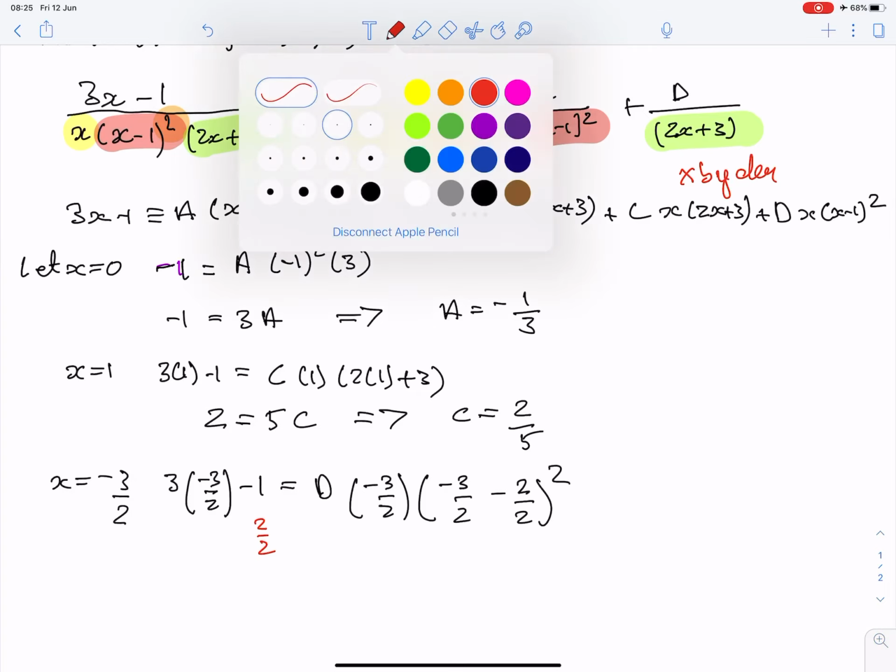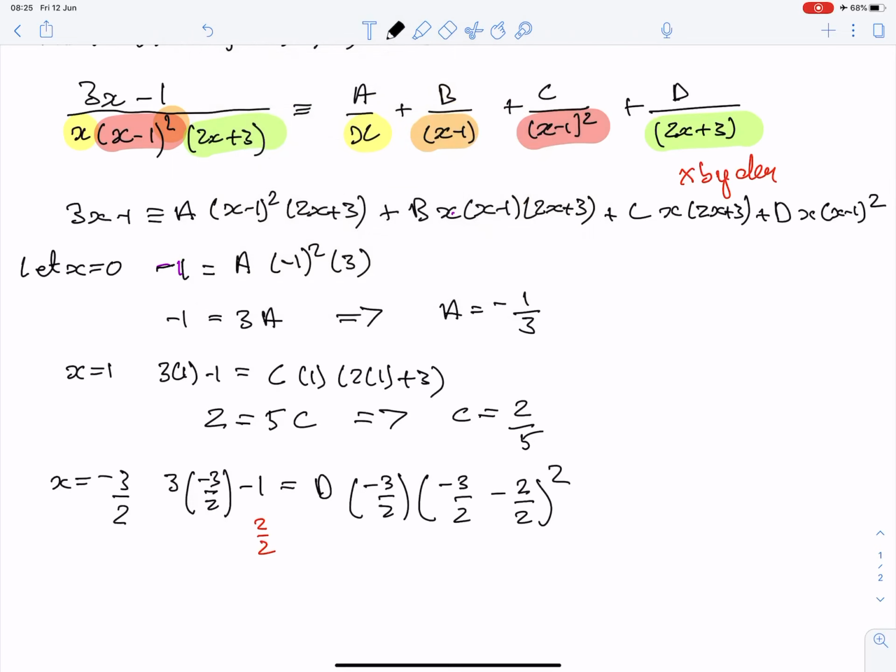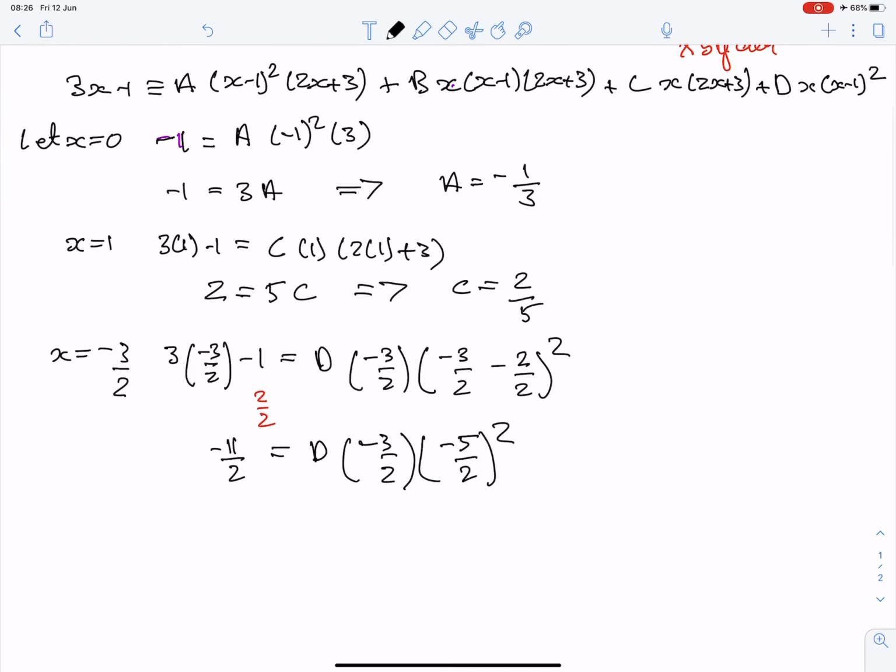So minus 9 minus 2 is minus 11 over 2, which is equal to D times negative 3 over 2 times (negative 5 over 2) squared. So we've got negative 11 over 2.